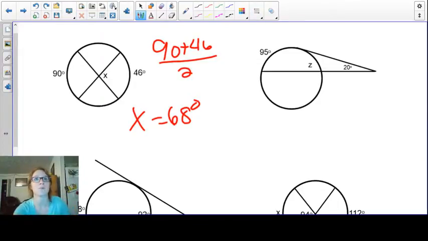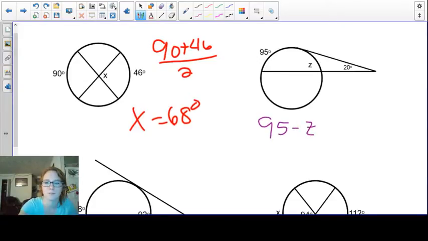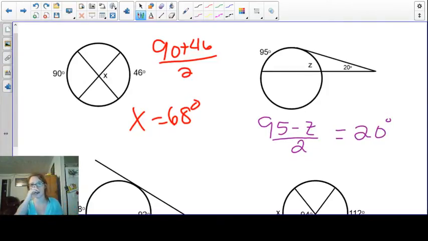This next one's outside, but what do you notice about what I'm given? I'm supposed to be taking the big arc minus the little arc divided by 2 is equal to that angle over there. So we are missing, actually, the smaller arc here.